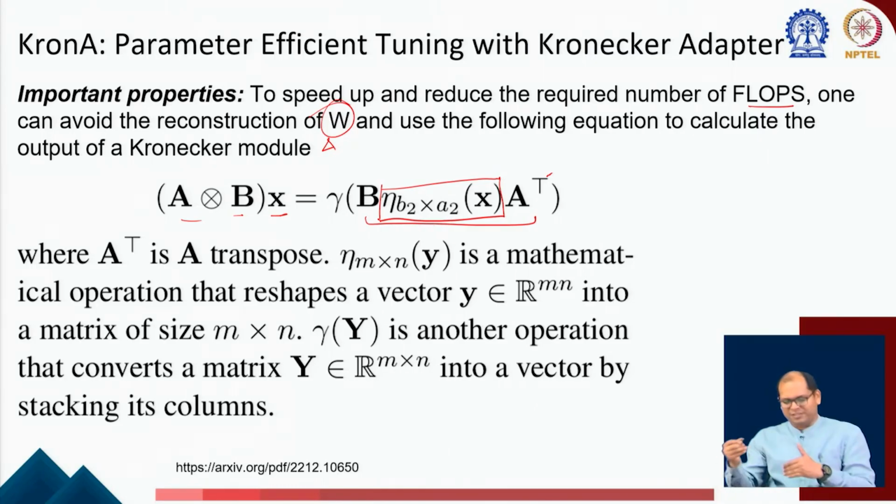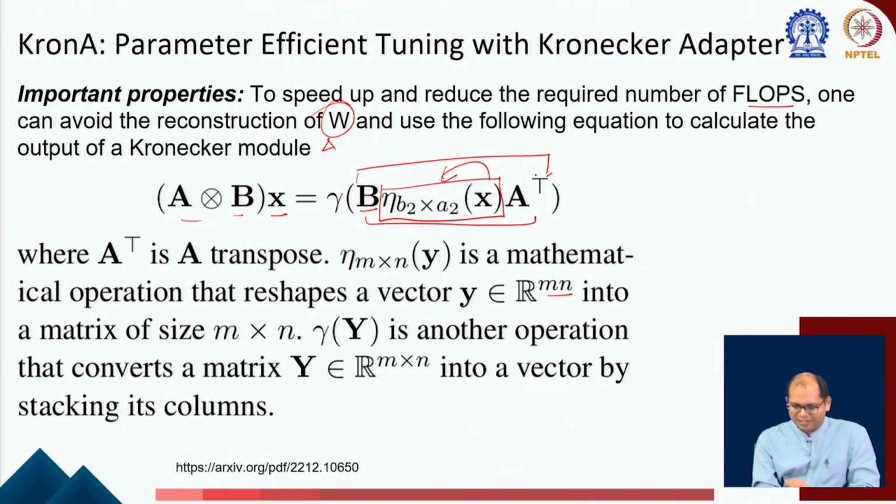Here x is a simple vector, and you are reshaping this vector x of dimension dh into a B2 cross A2 matrix. Of course, x has to have B2 cross A2 elements to start with. Then you multiply with B.